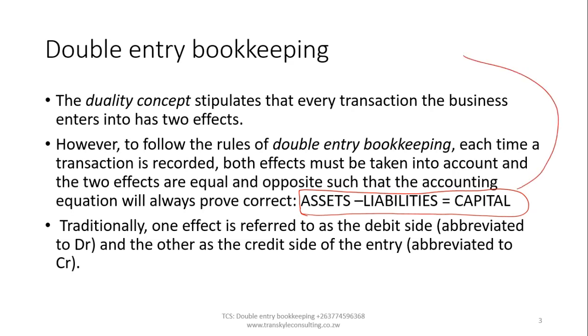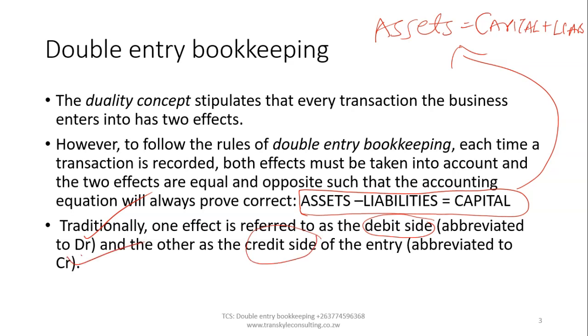This is the same as assets is equal to capital plus liabilities. This is just a rearrangement of the equation. Traditionally, one effect is referred to as the debit side, abbreviated as DR, and the other, the credit side, abbreviated as CR.